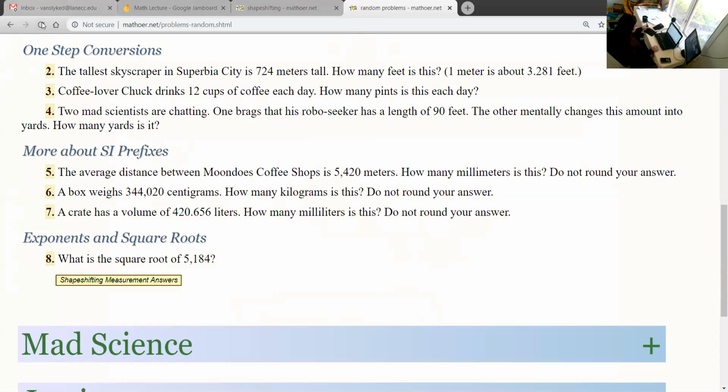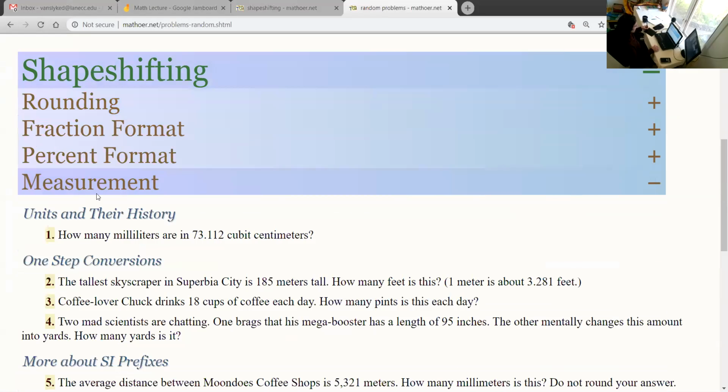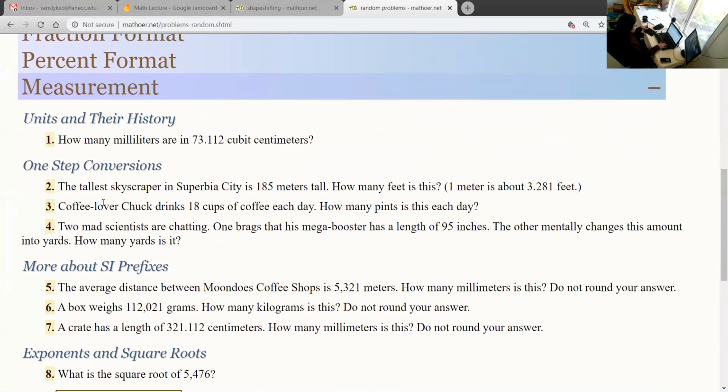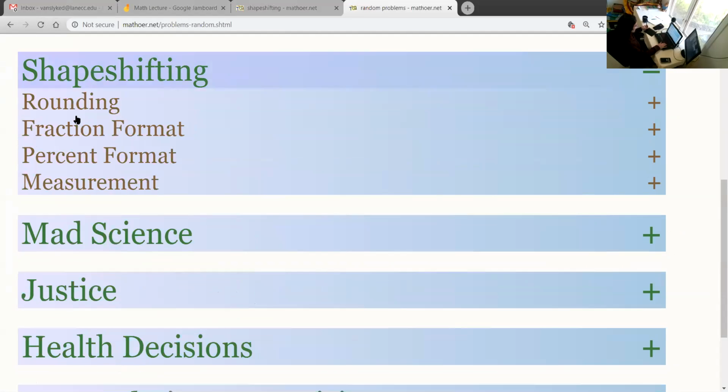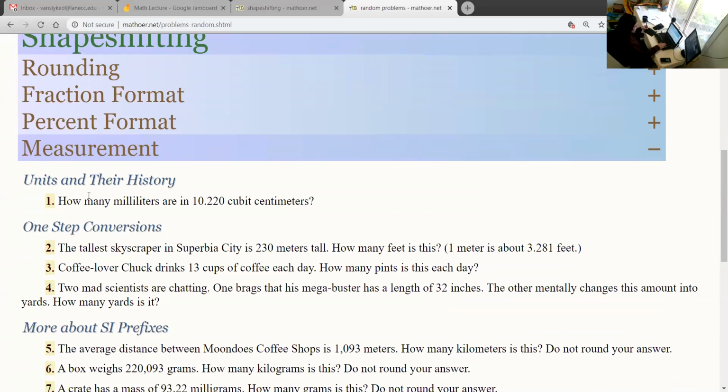Is there one I can generate that does micro, just so we have micro? Here, micro.